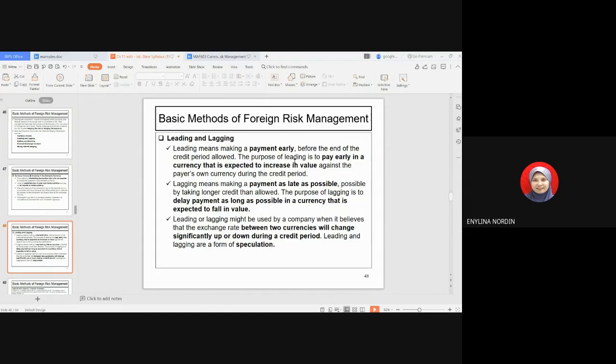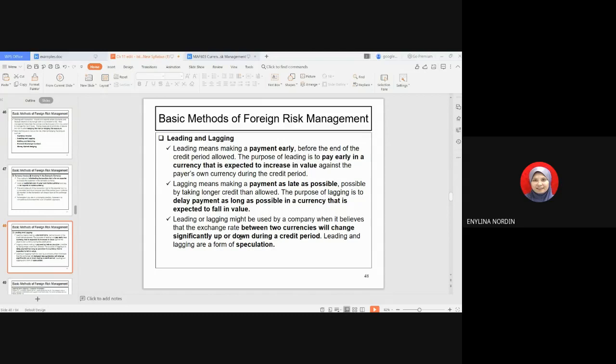In other words, you will not change your ringgit Malaysia into Singapore dollar until the last possible moment, or you delay the exchange until the right time, when you really need to convert into Singapore dollar. That will be better off for you. Okay, so then we go to the next slide.